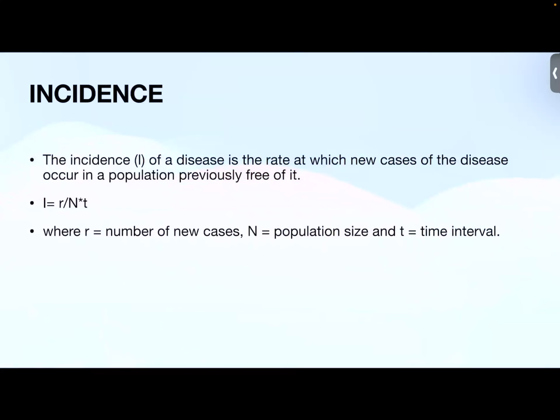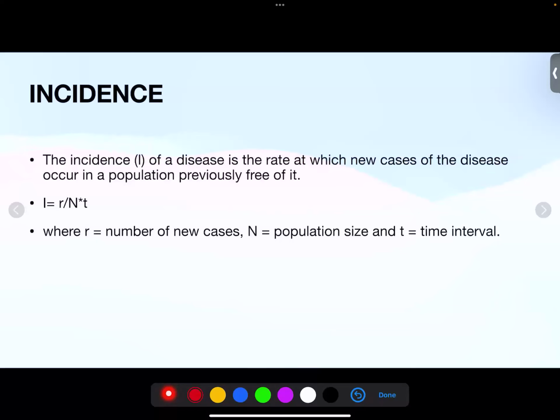Okay, so we have 2 conditions now, the incidence and prevalence. So the incidence of a disease and the prevalence of a disease. Basically the incidence, an easy way to remember, is all the new cases of the disease, not the previous or old ones, just the new cases.